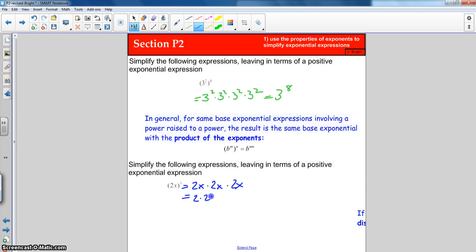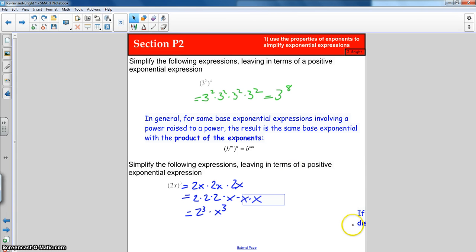So I can put all the 2's together, and I can put all the x's together. And so what I have in the end is I can rewrite this as 2 cubed times x cubed. I can group them all, rewrite them, and then we can simplify this from here.